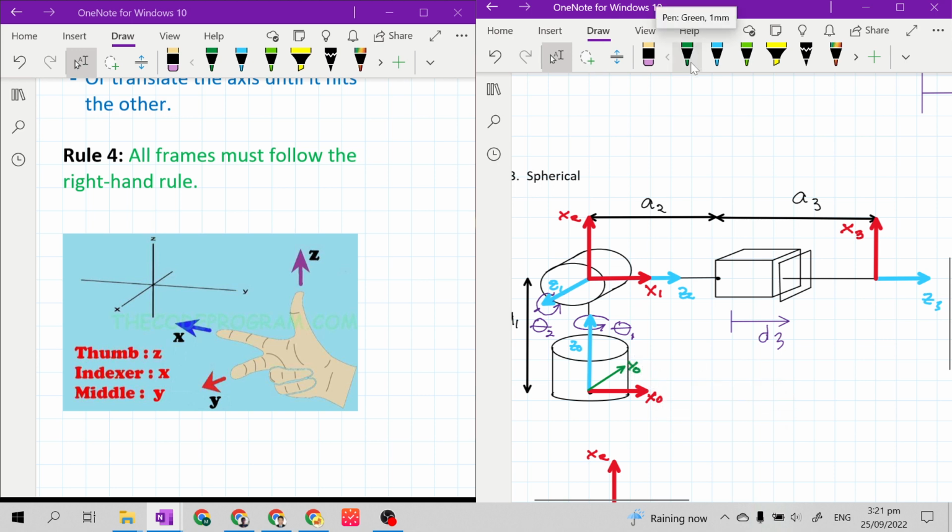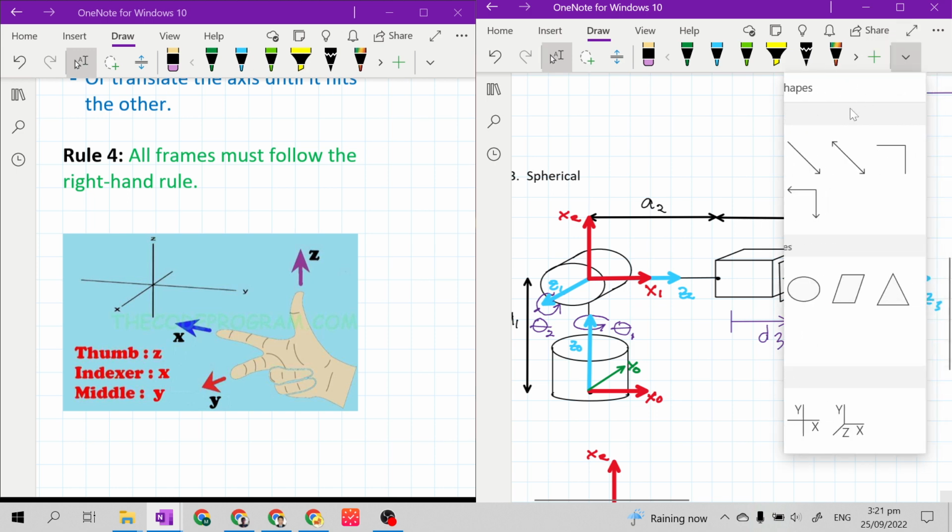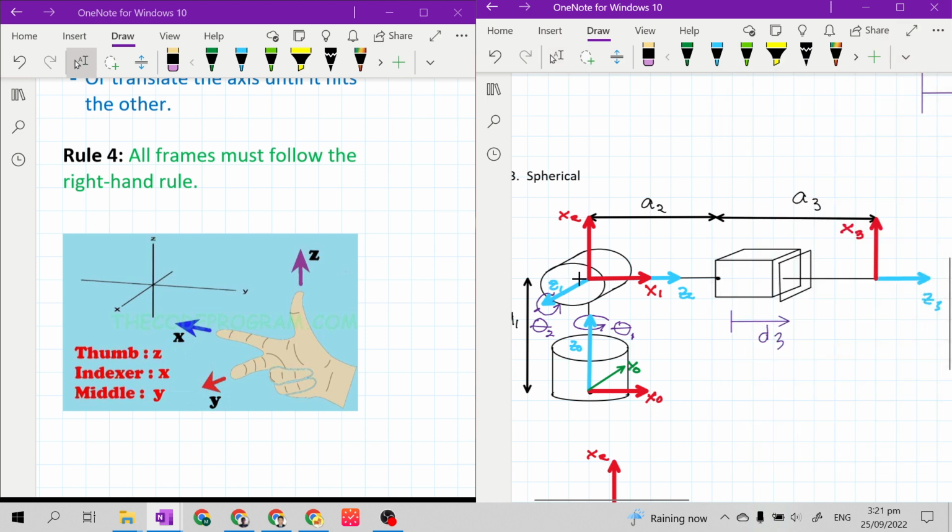Next, for our z sub 1 is pointing to the front, x sub 1 is pointing to the right. So the y-axis is pointing upward. Okay, so this is the y-axis. So let's leave it like that because the y-axis is the least important.